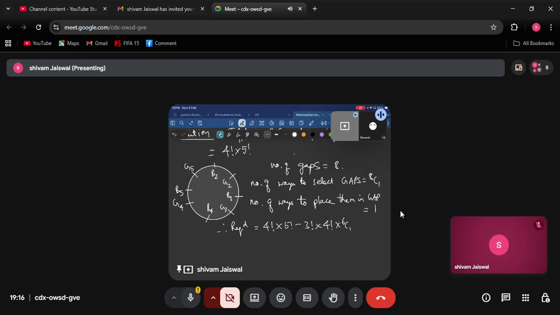Sorry, not 6C1, 8C1. Is it clear? I did it differently, but it's the same value. The second time I took B1 G1 its position as constant and arranged the rest around it. Okay.